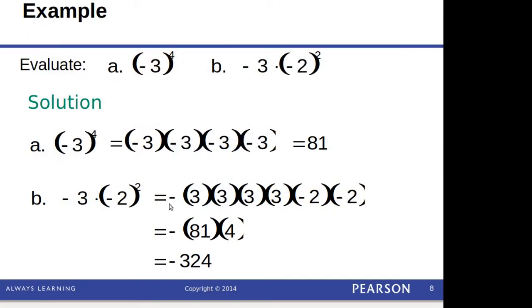Negative 3, up arrow to the 4th. And I get 81. I will work on focusing that camera because that did not come out clearly on my preview, but my preview isn't full quality. And so negative 3 to the 4th is positive 81.